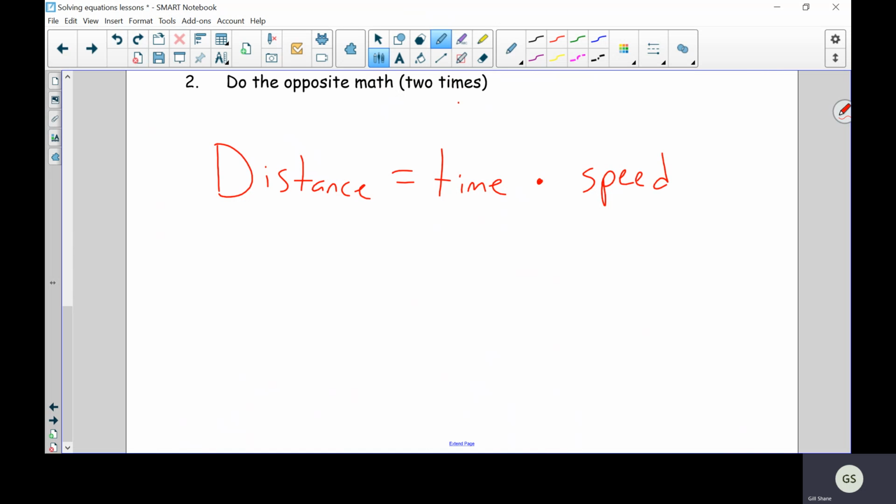If this was a number, and that was multiplied times a variable, we would divide by the number. Well, we're going to do the same thing, only we're dividing by another variable. I didn't write letters up there, but the word is representing the variable now. What's my number one rule? So if I'm dividing by speed over there to get time all by itself, then I better divide by speed on this side.